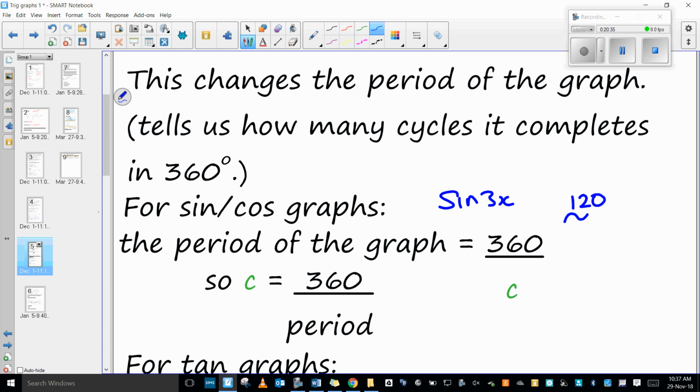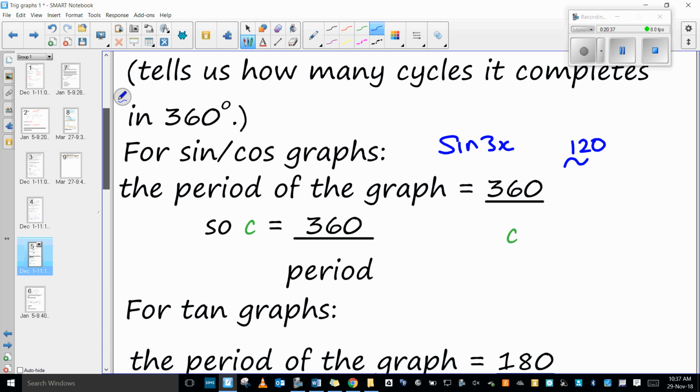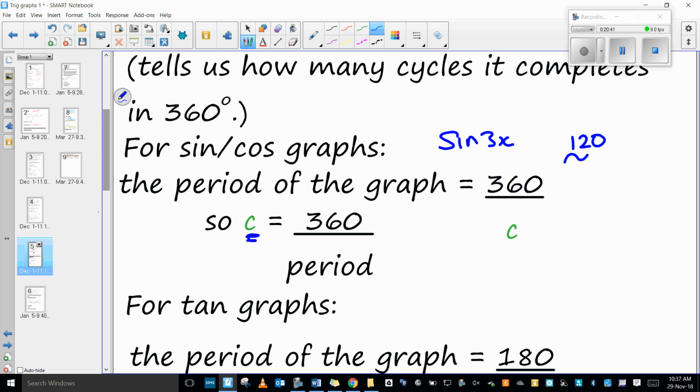It also means that if we were trying to establish the value of c, if we can see what the period is, we could do 360 divided by our new period. So if we can see that our new period was 120, then we could establish that the value of c was 3 because we could do 360 divided by 120.